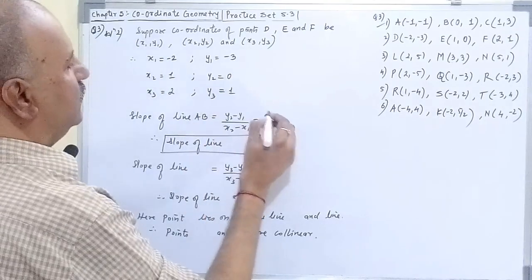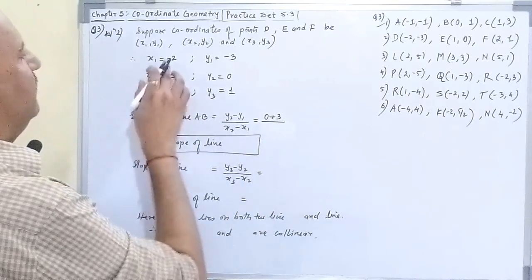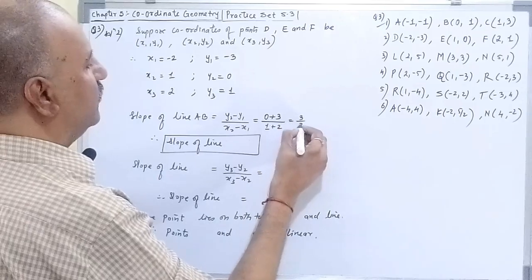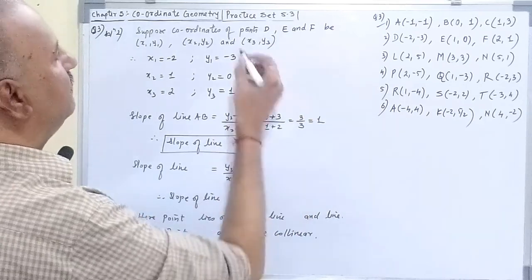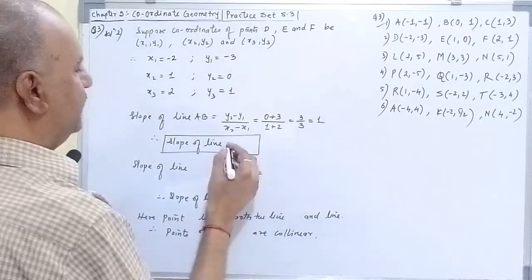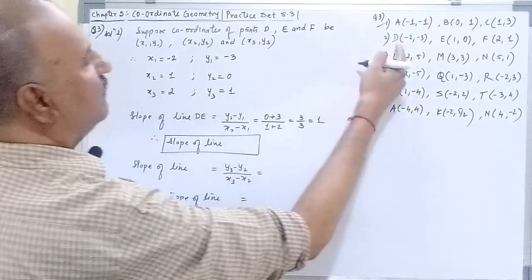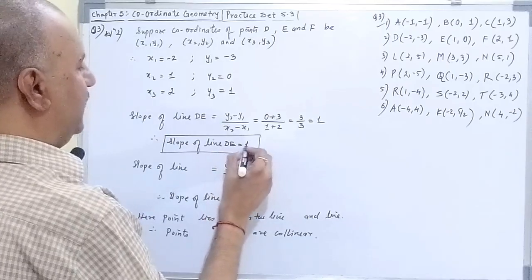Subtract: 0 minus minus plus 3, 1 minus minus plus 2, so this will be 3 upon 3, 1. Slope of line DE, the first two points, is 1.